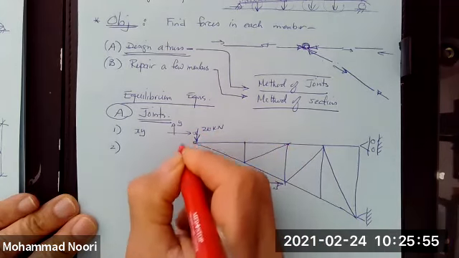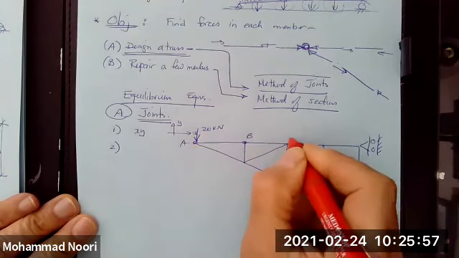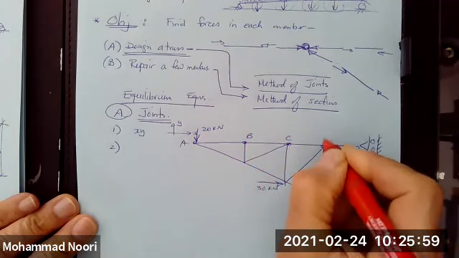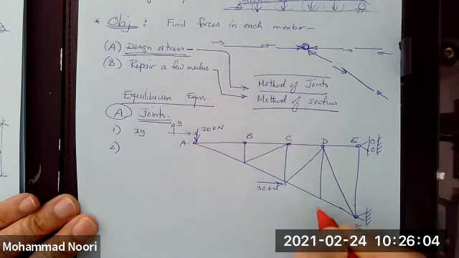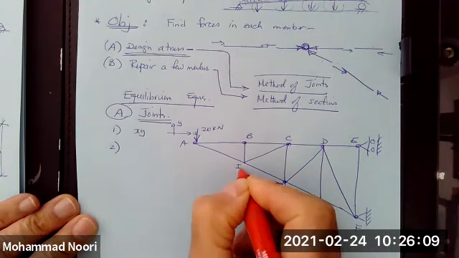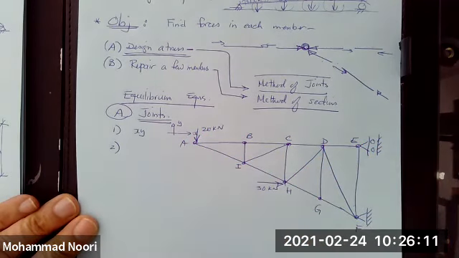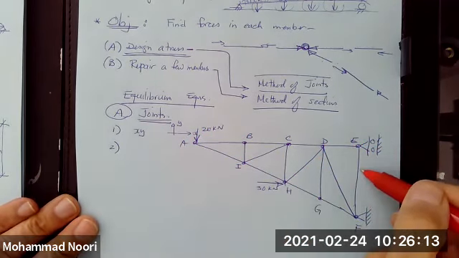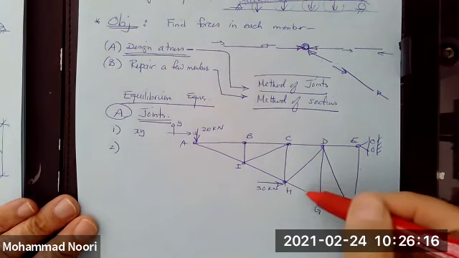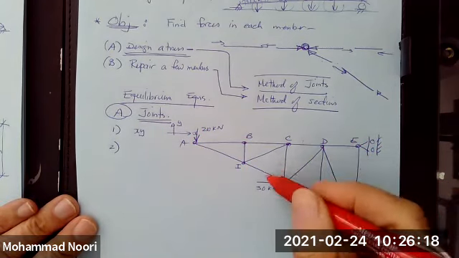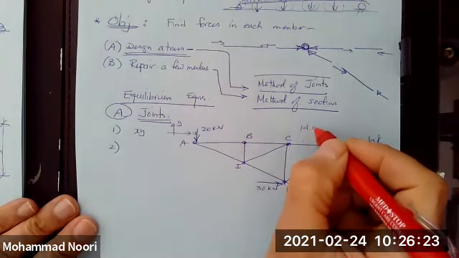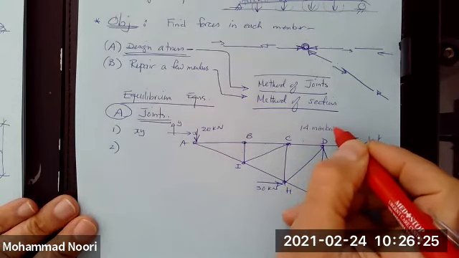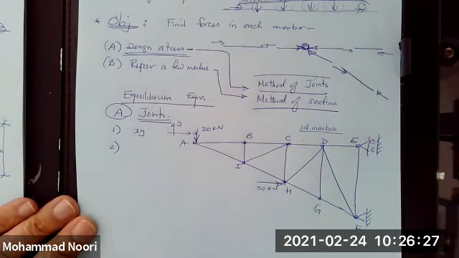Let me label that A, B, C, D, E, F, G, H, I. So this is a truss. How many members? 1, 2, 3, 4, 5, 6, 7, 8, 9, 10, 11, 12, 13, 14 members, right? Remember, 14 members.